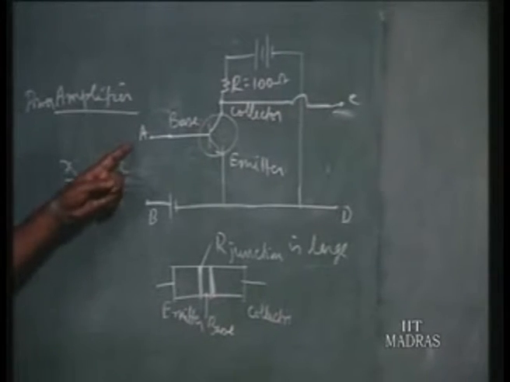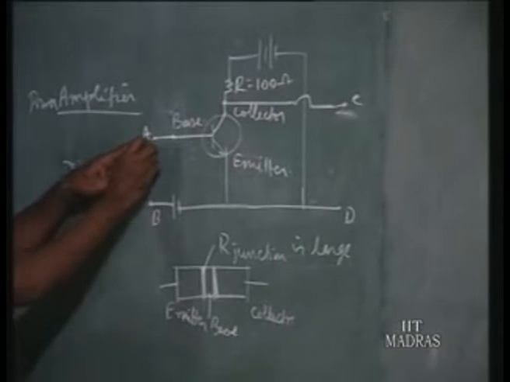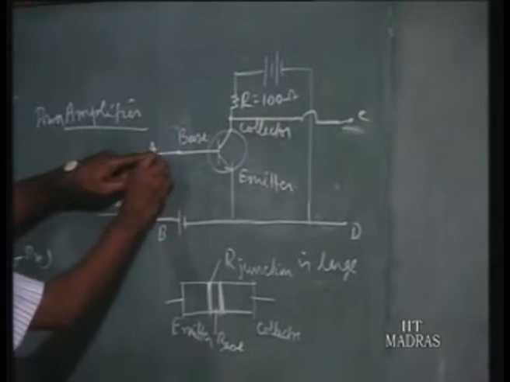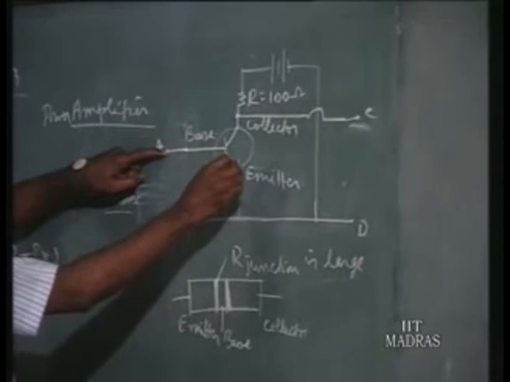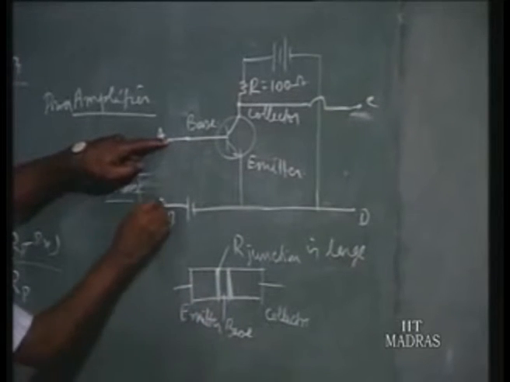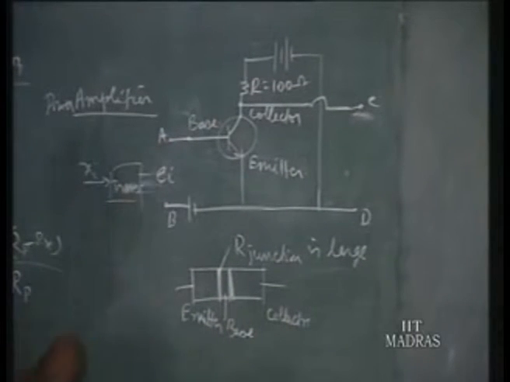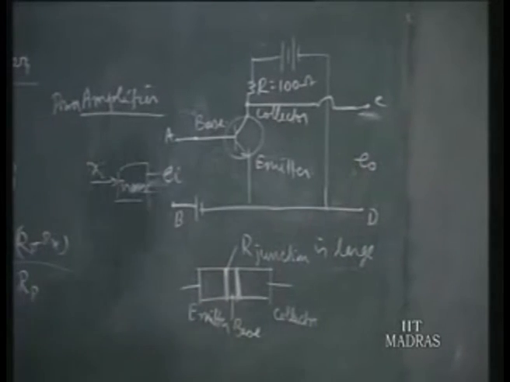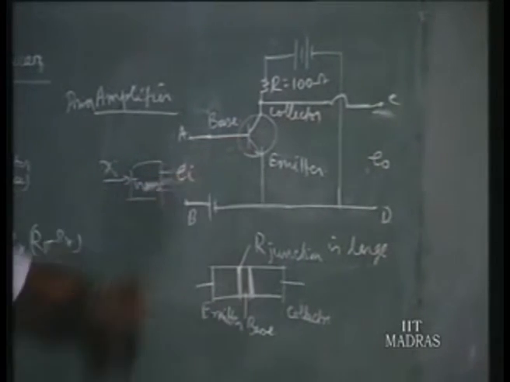Now we find out what is the resistance RAB. To go from A to B, we can go first to the base and then through the emitter, base to emitter, and come back to point B. This is our input voltage for this power amplifier, and this is the output voltage. So there is one through the R junction.